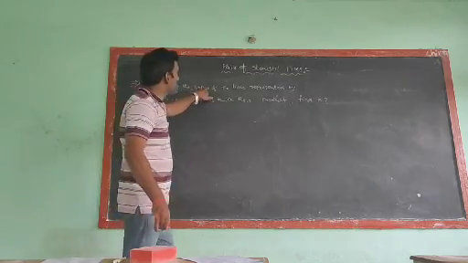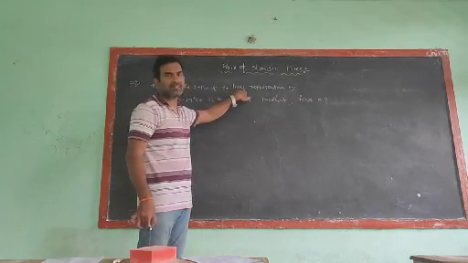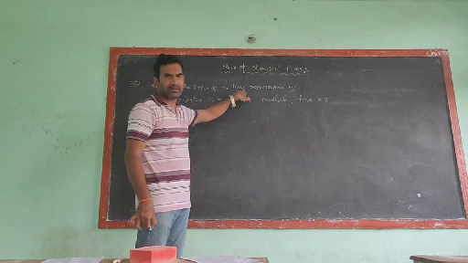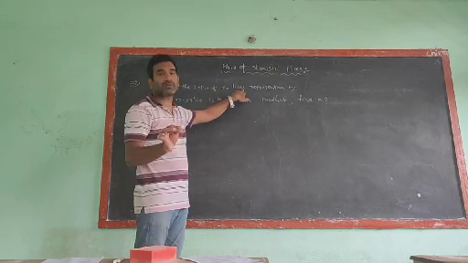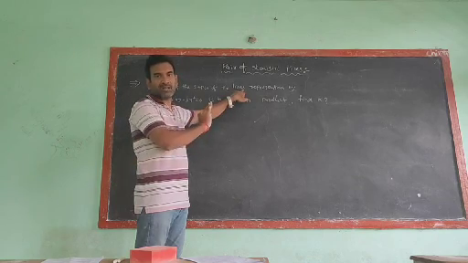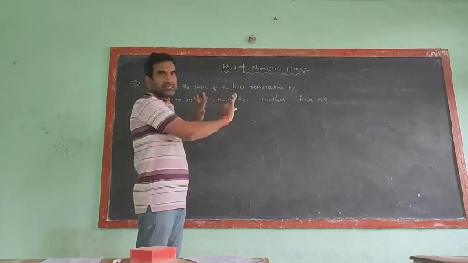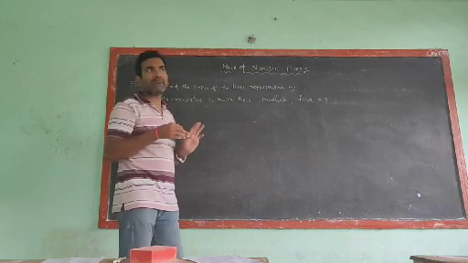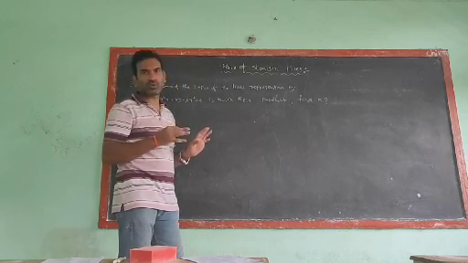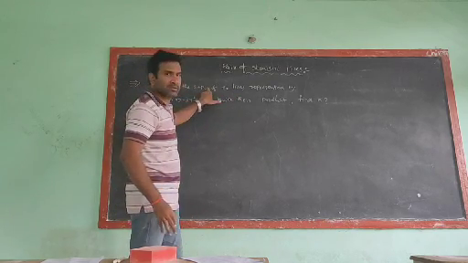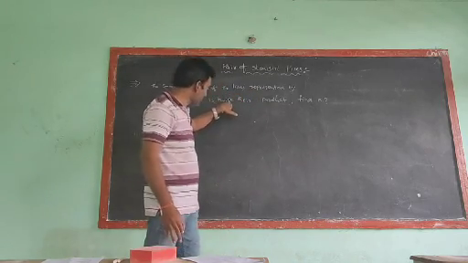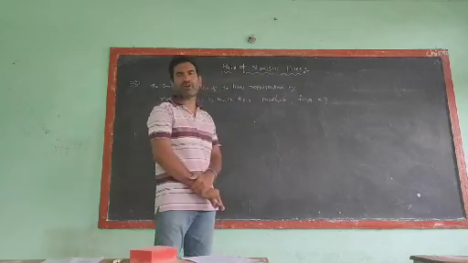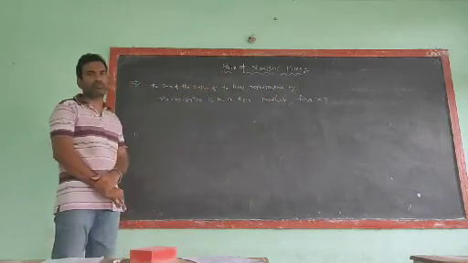The sum of the slopes of the lines means m1 plus m2. Actually, we are not separating them, we are just taking m1, m2 for the two slopes. The sum of the slopes, that means m1 plus m2, is twice their product. Their product means m1 m2.